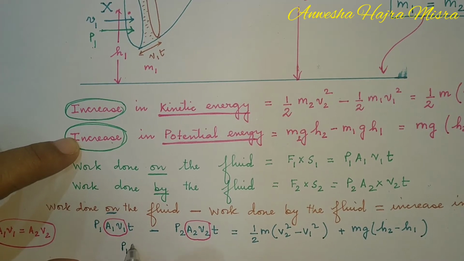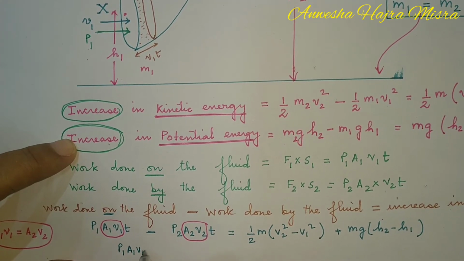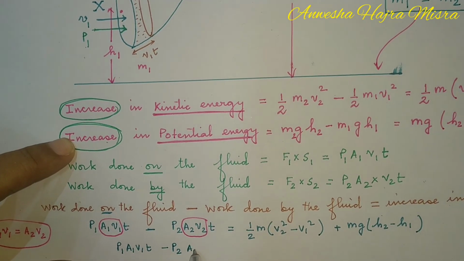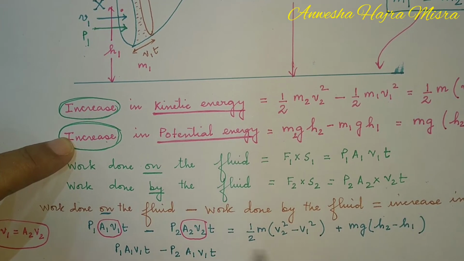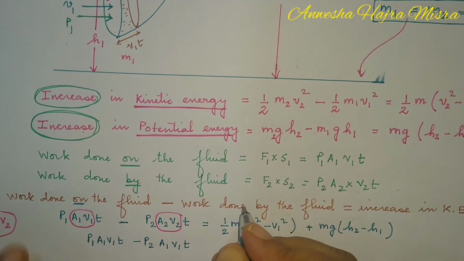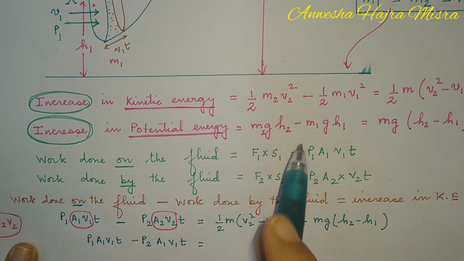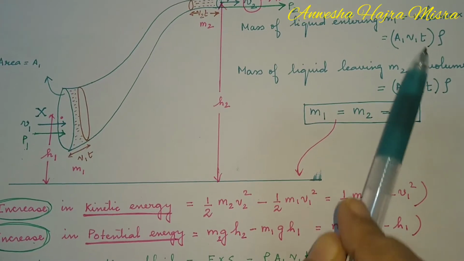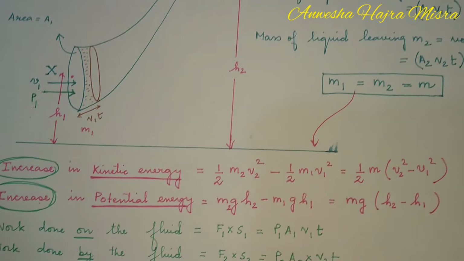So next step, I am replacing A2 V2 with A1 V1. So you have P1 A1 V1 T minus P2 A1 V1 T. Now what is your mass? I am taking the mass as A1 V1 T rho. Both the masses are same, so you can take any one.